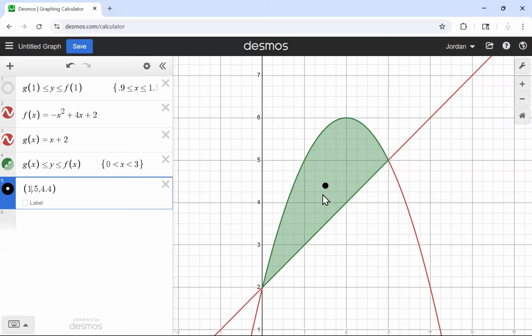But this one does make sense that that is your center of mass. So it's always good to check the visual on that. You can check it through just sketching it by hand or graphing it on your calculator or graphing it on some other computer like Desmos.